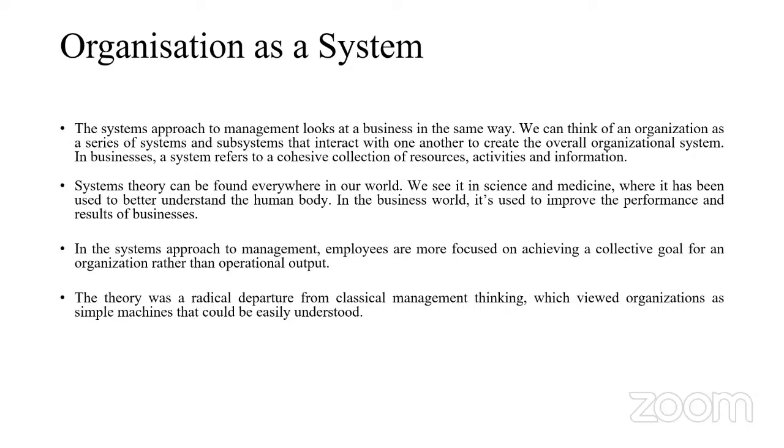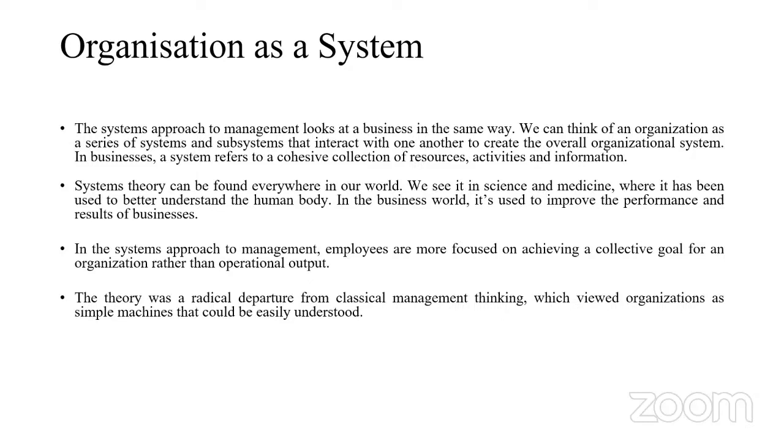Everybody should understand that we are all equally important, and unless and until all of us work together, the organization cannot flourish, right? So all the different members of departments, they should not look at themselves as enemies or competitors or anything like that. They should look at each other as partners, right? So this is the systems approach to management.